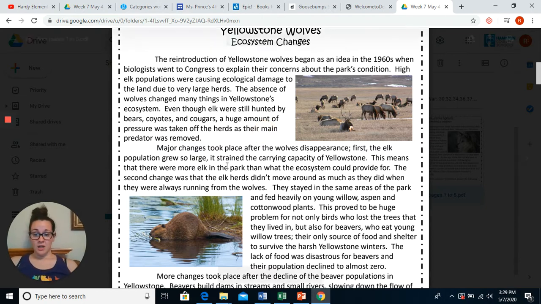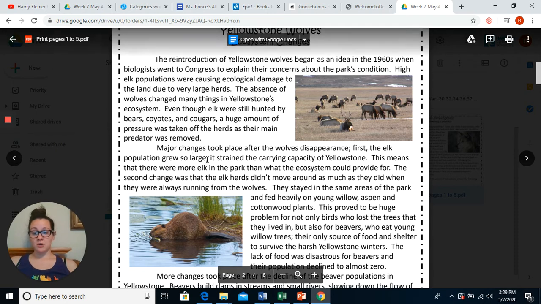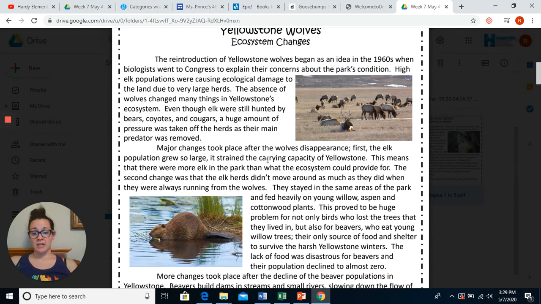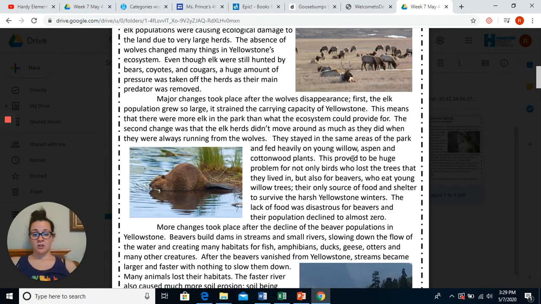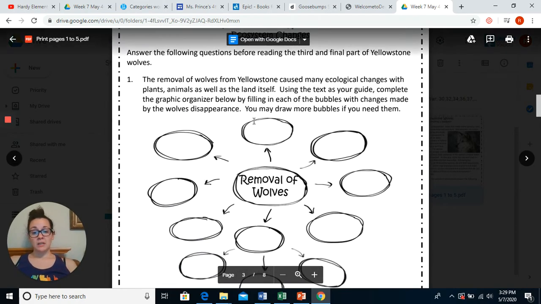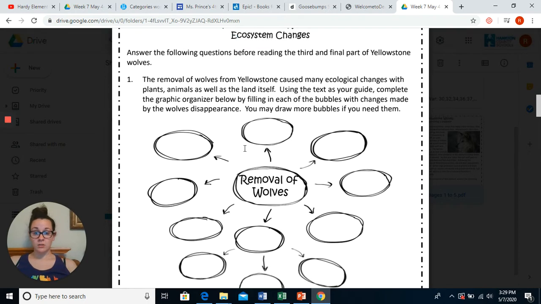First, the elk population grew so large it strained the carrying capacity of Yellowstone. There were too many elk. The elk population was too large. That is one result of the removal of wolves.